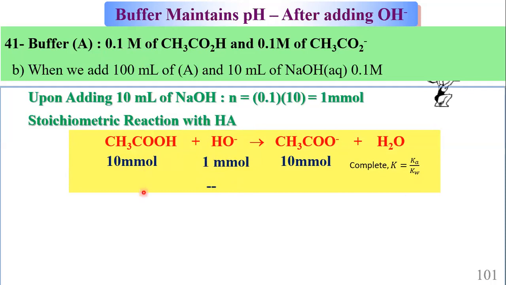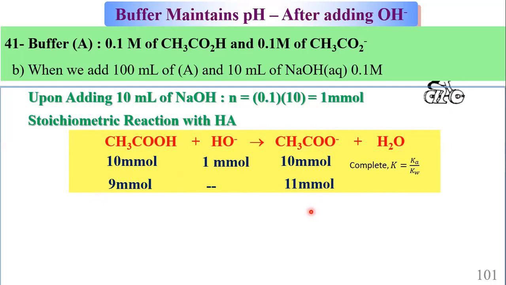Okay, so now my acid amount will be decreasing in my solution due to neutralization, decreasing by how much? By the amount equal to the OH minus in my solution, and therefore this will be 10 minus 1, 9 millimole, and the amount of base now has increased, and this is going to be 10 plus 1 millimole, so that's 11.